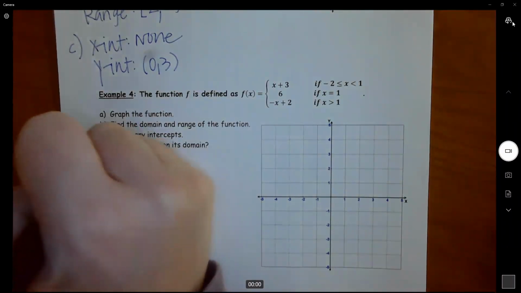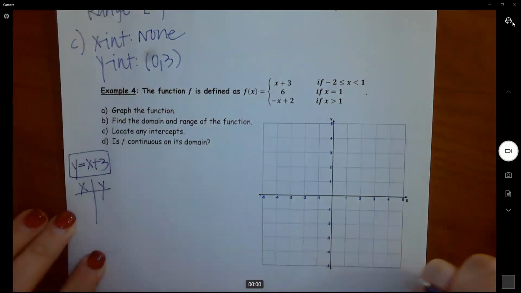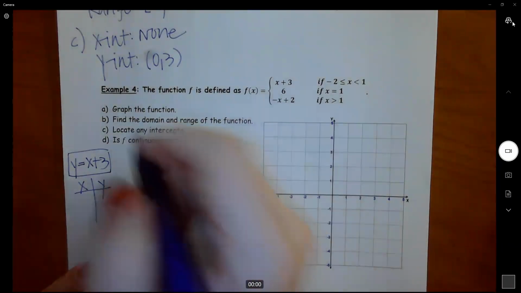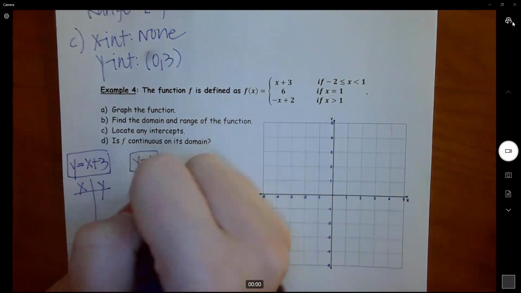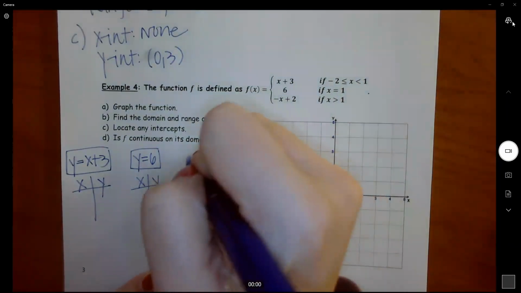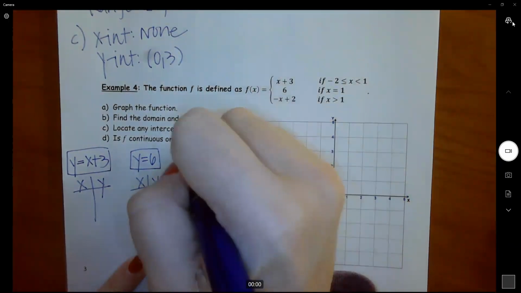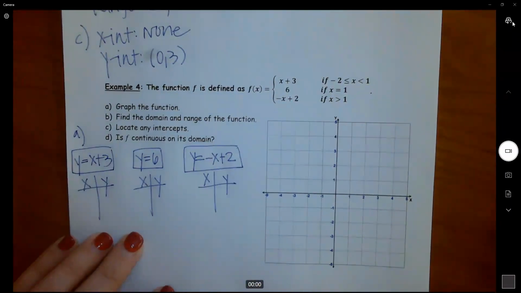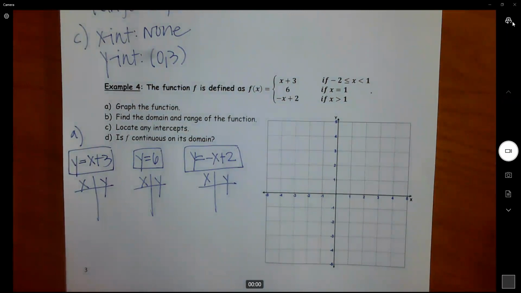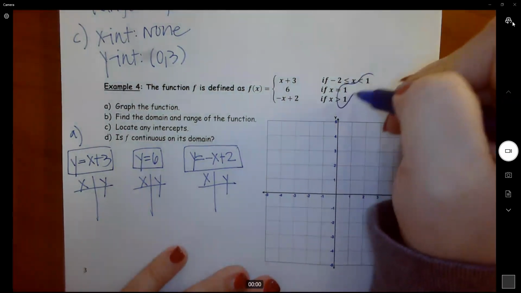So we have y is x plus 3. We have y is 6. And we have y equals -x plus 2. And this is part A, graphing. Okay, on this, they all share 1.